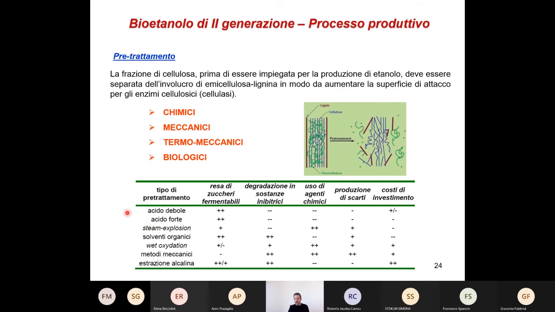And this is the pretreatment we have in our laboratories. Steam explosion is a sort of steam treatment. So you put into a reactor biomass together with a lot of steam with high pressure and high temperature, more than 200 degrees in some cases.